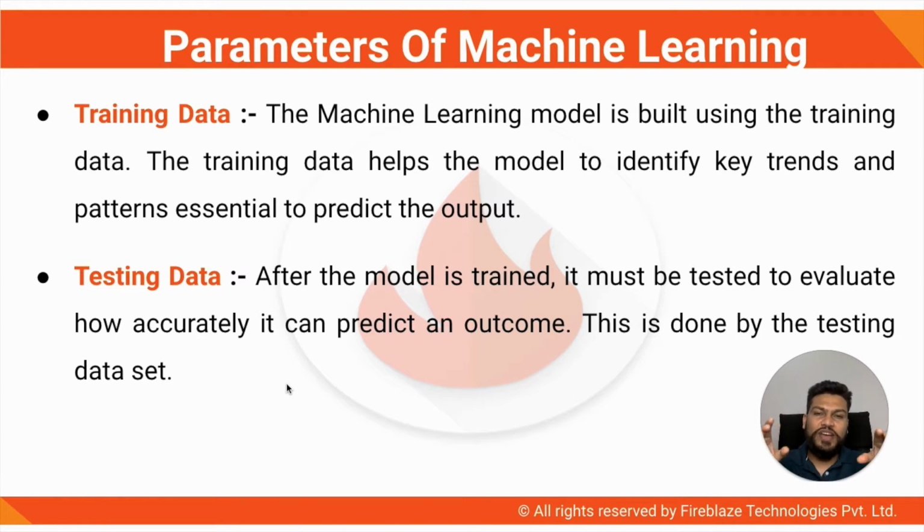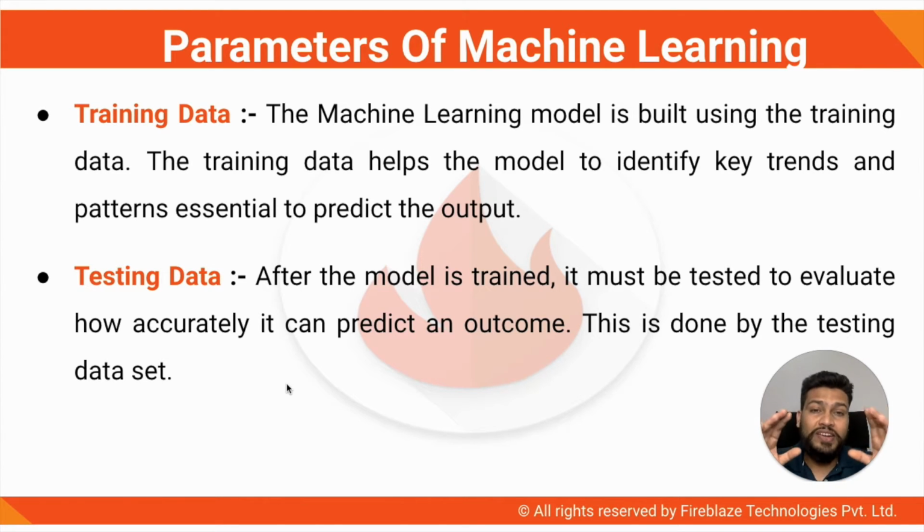So basically, if I try to tell you this in my own layman language, right? Training data, so if we have an entire full stack of data, right? Suppose I give you 10 entries, and I ask you to predict what salary should be given to a particular employee. On the basis of those 10 entries you will train your machine learning model.